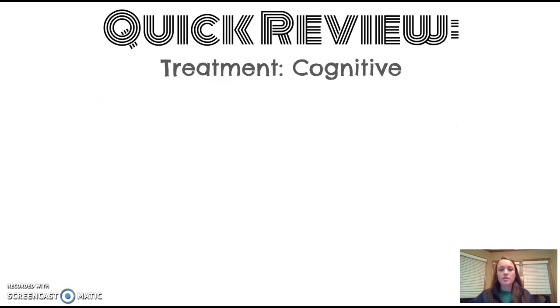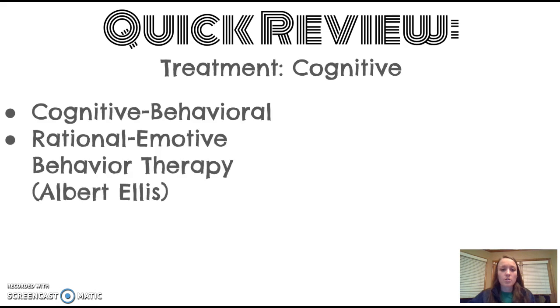Cognitive therapy is an approach to treatment where you're always focusing on the thought processes and the thought patterns that are behind the disorder. And so this would be like a talk therapy that's always working its way back to changing the thought patterns. So there are different types of cognitive therapies. One is actually a joining between cognitive and behavioral.